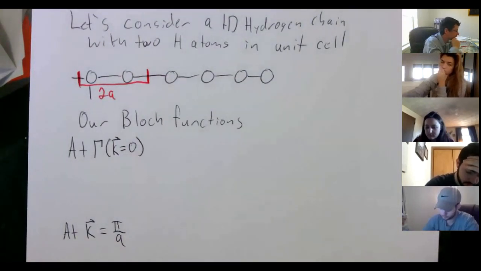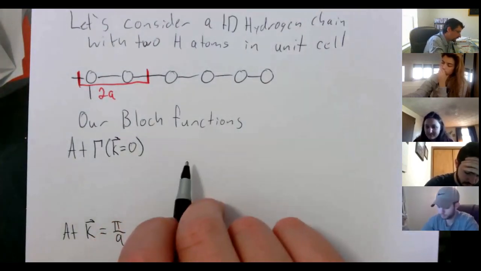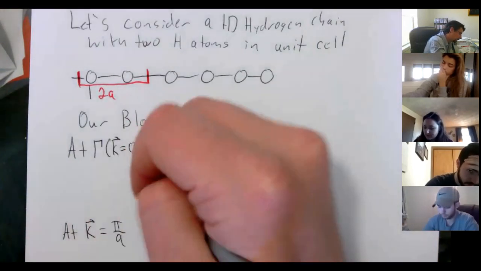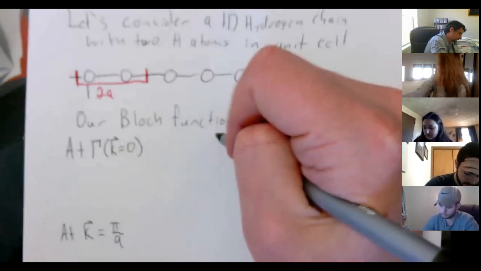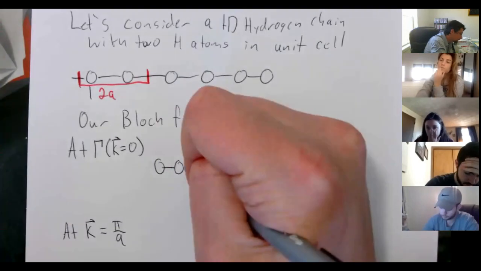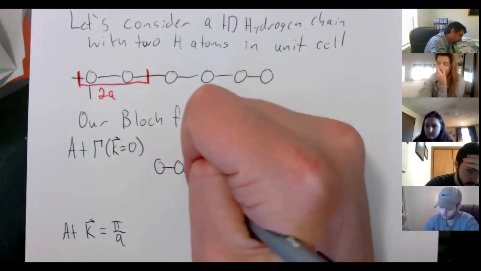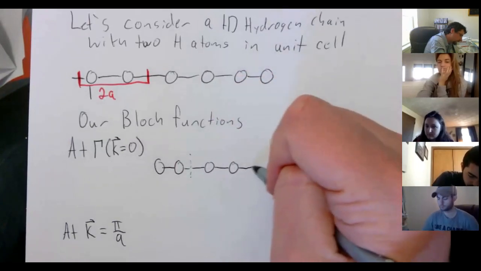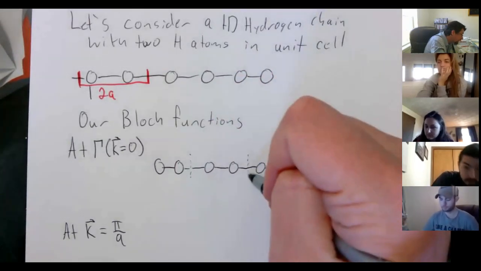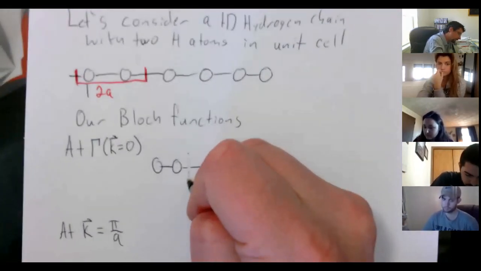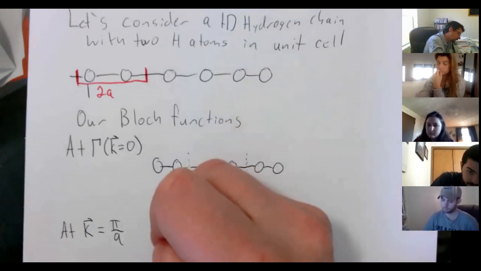Okay, now we have to consider what's going to happen at these points. At k is equal to 0, we have two options. We've got where there's a node that way, or there's another option. And remember, the node is along here.